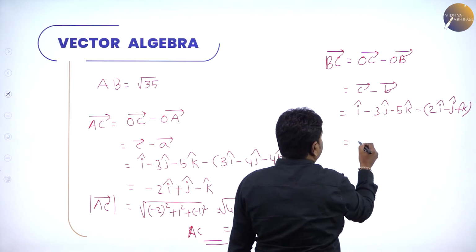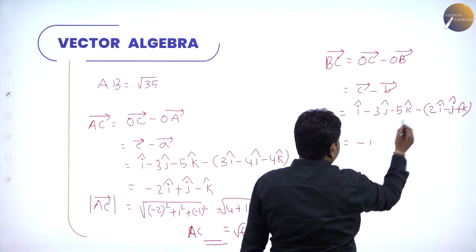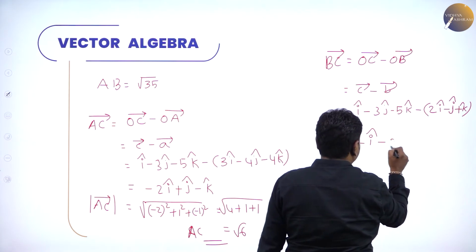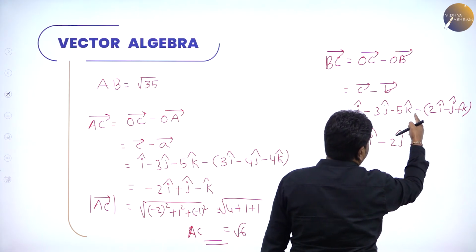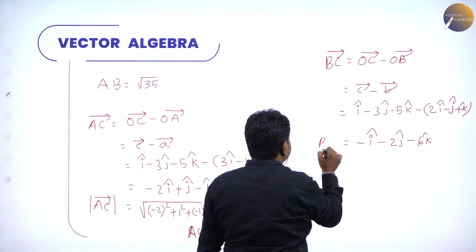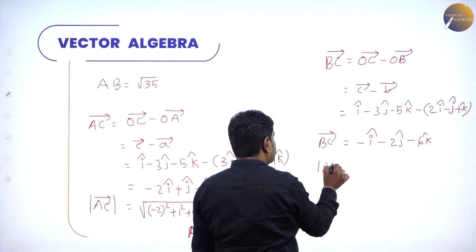So i minus 2i becomes minus i, minus 3 plus 1 becomes minus 2j, minus 5 minus 1 becomes minus 6k. Got BC. Now you find the magnitude of BC.